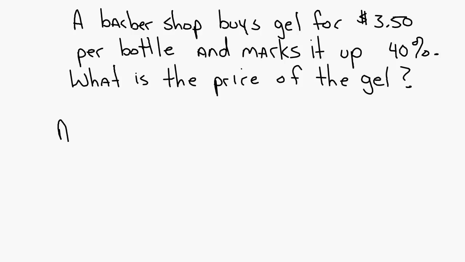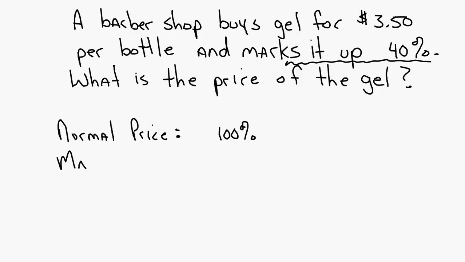So if your normal price, same concept as the last problem. Your normal price is at 100%, isn't it? But you got to mark it up 40%. So what do you do to this 100? Very good. So your markup, that's your profit when you own the shop.